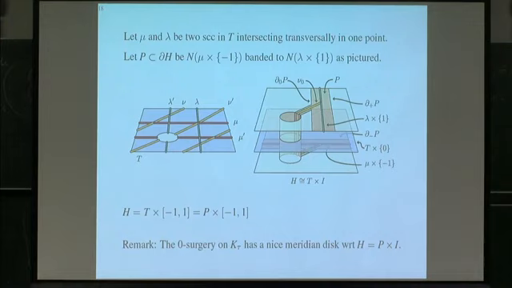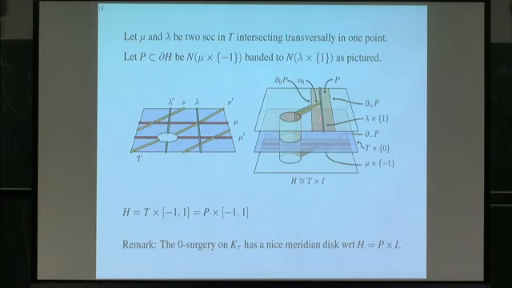Then I want to construct this three-punctured sphere, P, by taking a neighborhood of the longitude at the first level and a neighborhood of mu in the bottom level, and then banding them together.